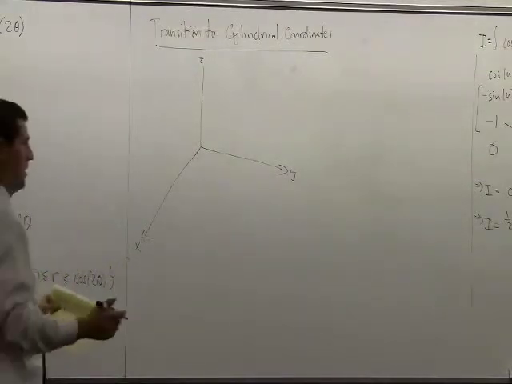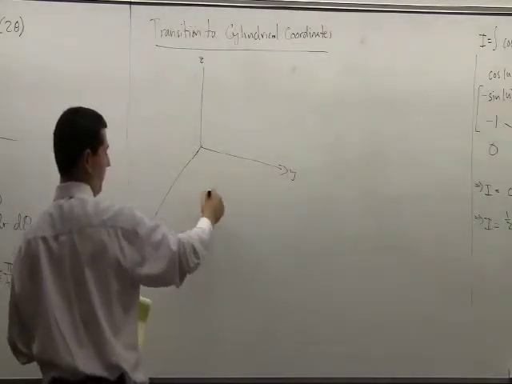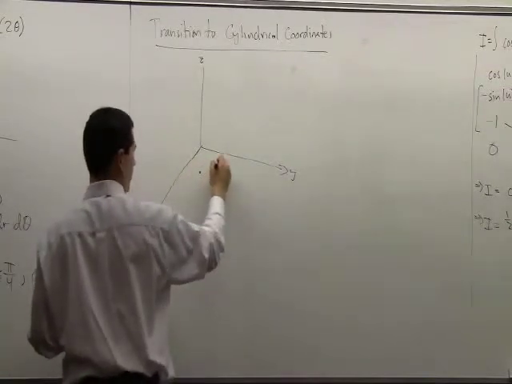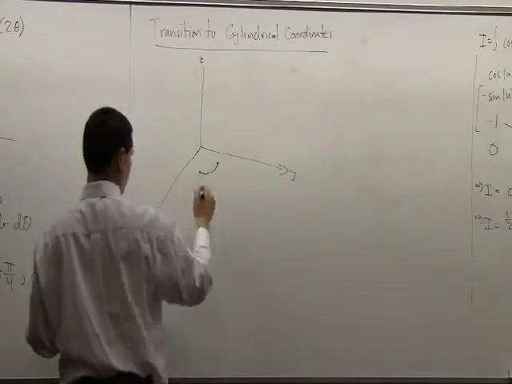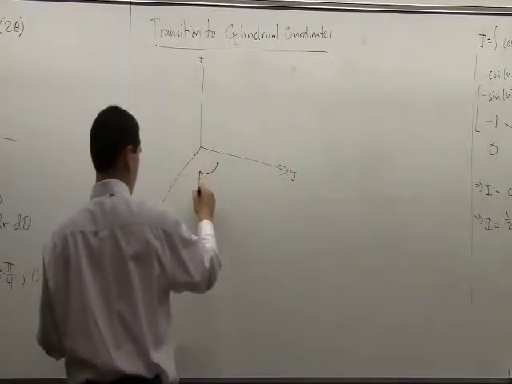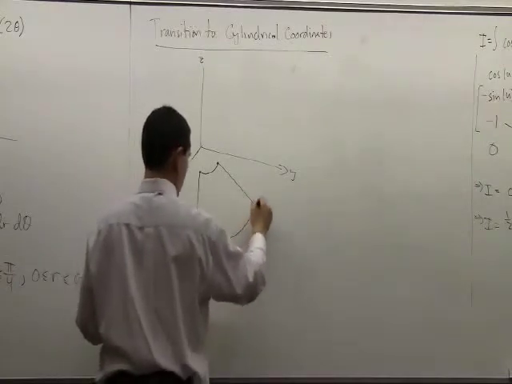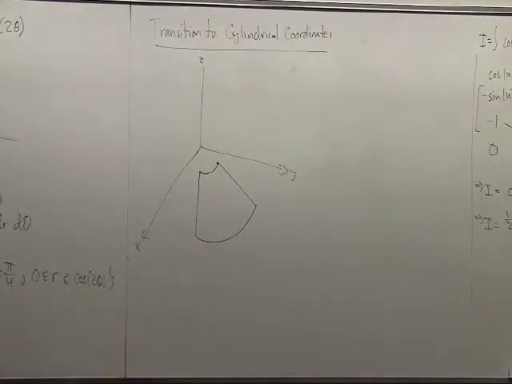In cylindrical coordinates, normally I like to draw domains down here, and I still want to do that, but I want them to look like a polar rectangle, so it's got to look something like that. So this would be my polar rectangle.